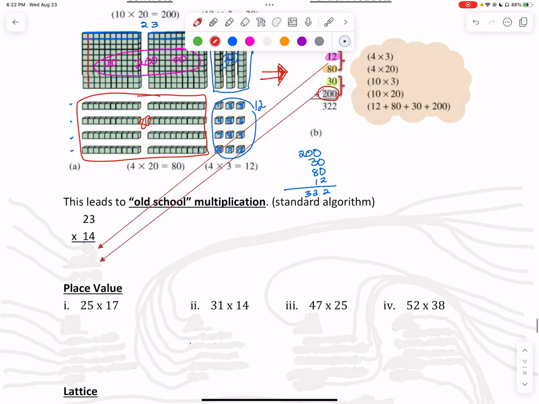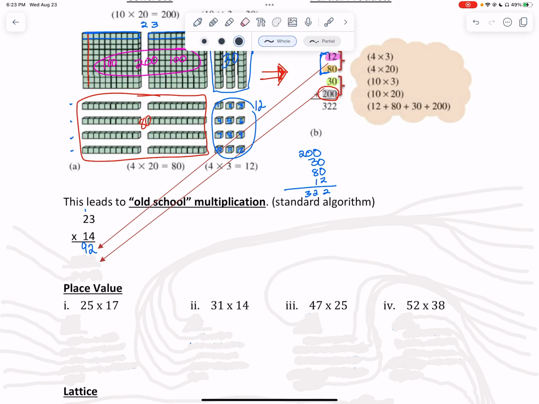And then this leads to the old school method, where you said 4 times 3 and got 12 and carried your 1, and then 4 times 2 and got 8, and then added 1 and got the 9. That's 92. Notice that's these guys right there.